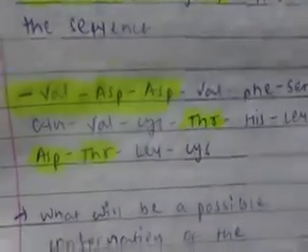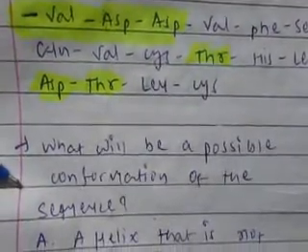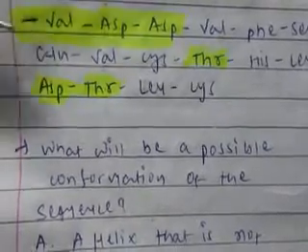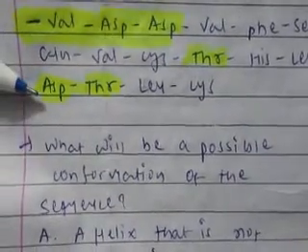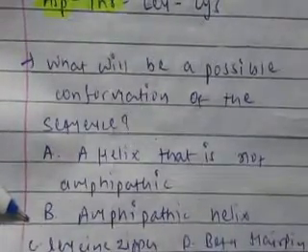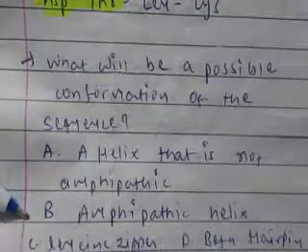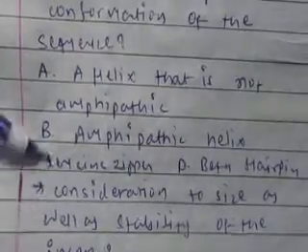Based on this information, we have to find out what kind of conformation this sequence may have. Option A says that it is an alpha helix that is not amphipathic in nature. B says that an amphipathic helix may be present.